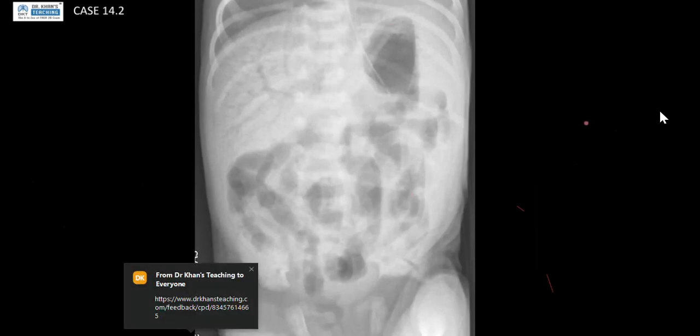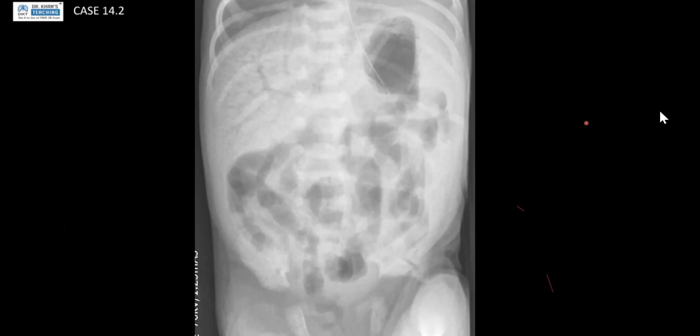In this frontal radiograph, I see there is bowel dilatation, as well as intramural lucency in the wall of the bowel, going with pneumatosis intestinalis. I see there is also gas going into the portal venous system, the portal vein to the peripheral hepatic region.